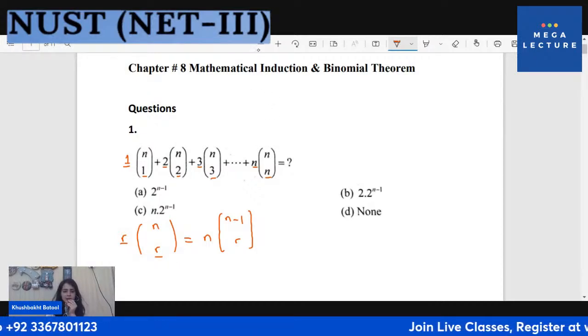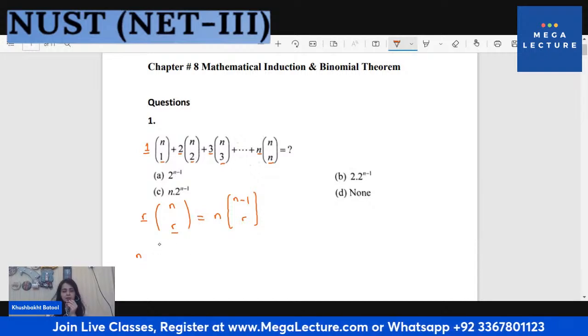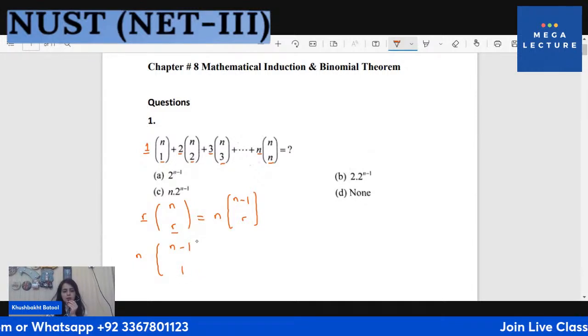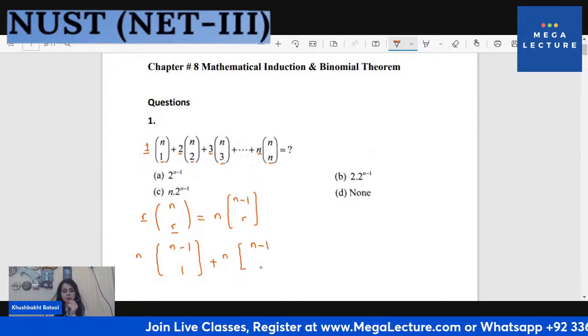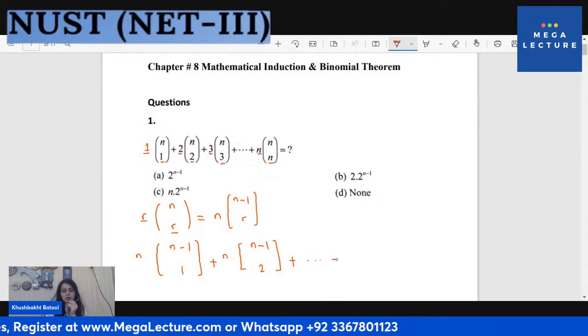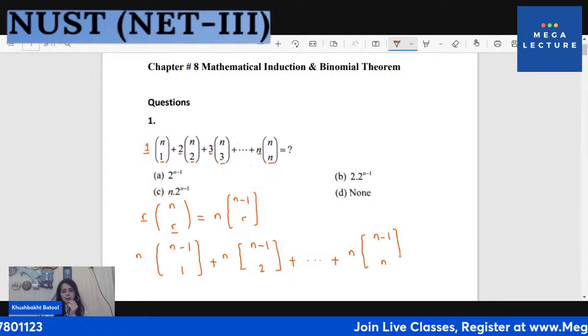Now, I can write all these again using this thing. So I can write it as n into n minus 1 C1 plus n into n minus 1 C2 plus so on till the last one n into n minus 1 Cn.